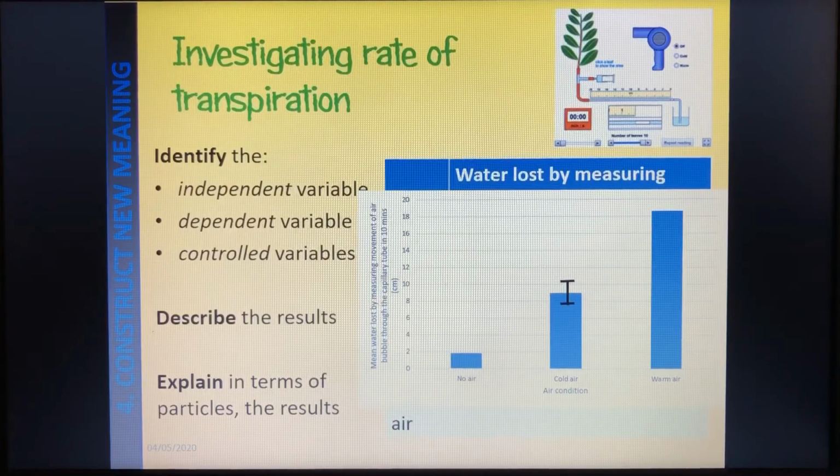We call them error bars. A big error bar shows that our results were very varied. With a small error bar, we can trust those results a bit more because the results were all quite similar. So that's something that you could add to your graph if you wish.